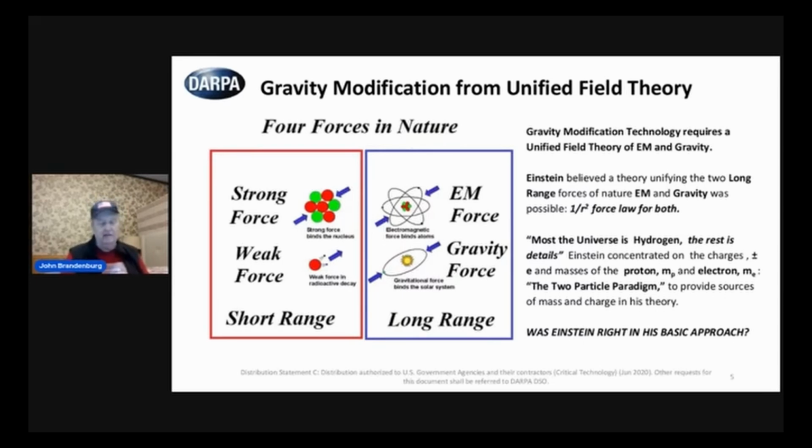Now we also have a universe that started out as a vacuum, and then 1 second later, it was an expanding fireball composed of hydrogen, which is two particles, the only two stable subatomic particles in the universe, electrons and protons, and they're both charged.